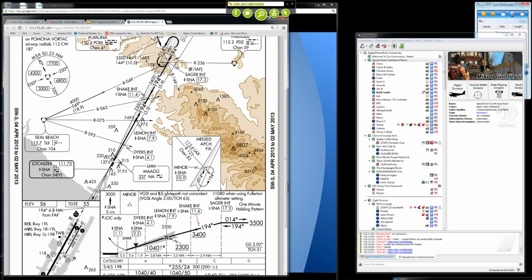So the goal is to cross Snake at above 3,400 and then descend down to 2,300 feet, remain at 2,300 feet, and at the point that you intercept the glide slope, that should be at Lemon if you are at 2,300 feet. And that represents the end of our intermediate segment and the beginning of the final approach segment.